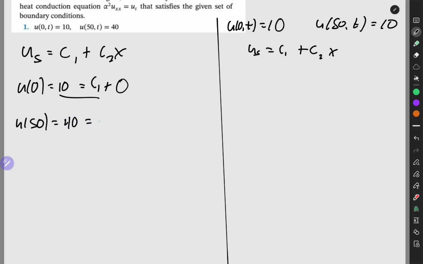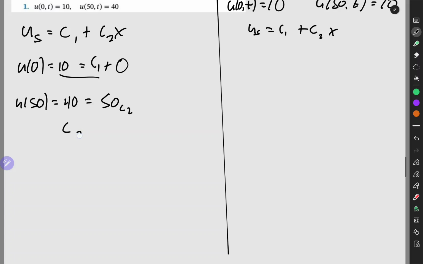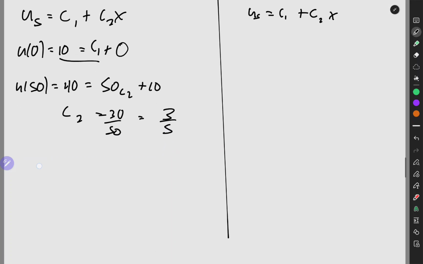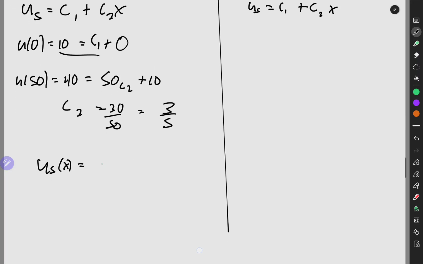C1 is 0 plus C2x. So C2 is equal to, well, oh wait, plus C1, so plus 10. That's 30 over 50, which is 3/5. So then our steady state solution for this case would be 3/5.